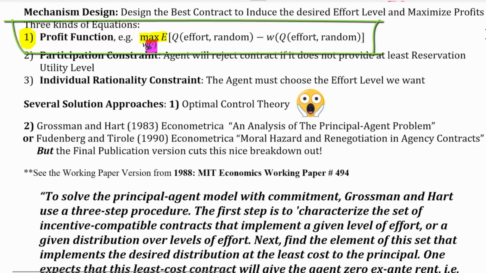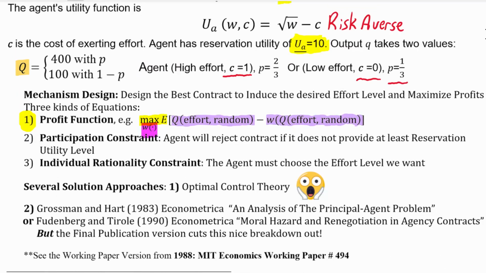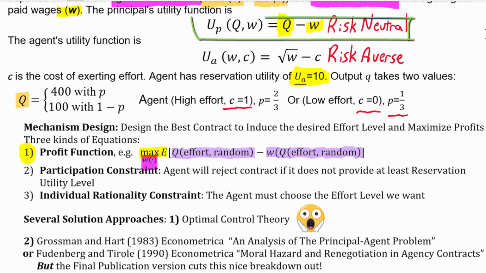W dot means there's some kind of wage function that we're going to be trying to construct here. By choosing that wage function in the optimal way, we want to maximize the expected value, or the long run average, of the quantity of output minus the wage that we have to pay the person. This is just another way of writing that utility function of the principal that we had up here, making it a little bit more mathematically explicit.